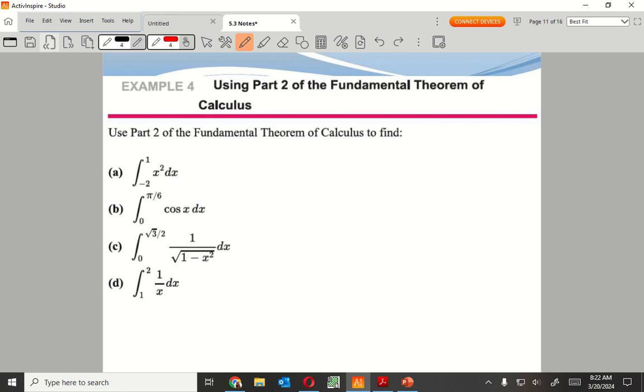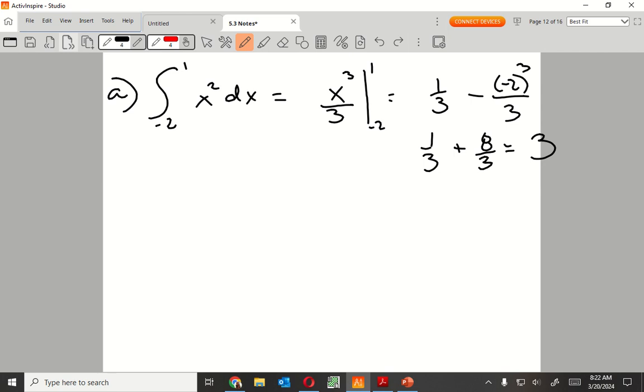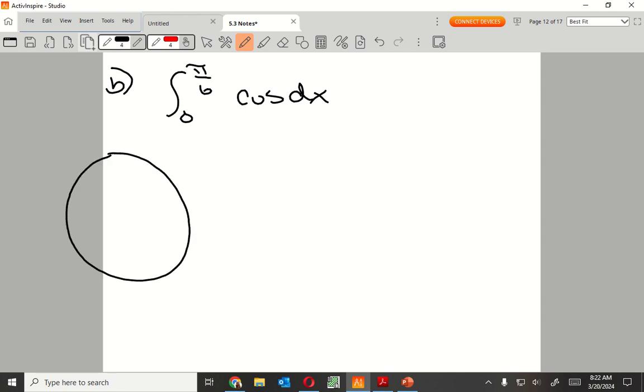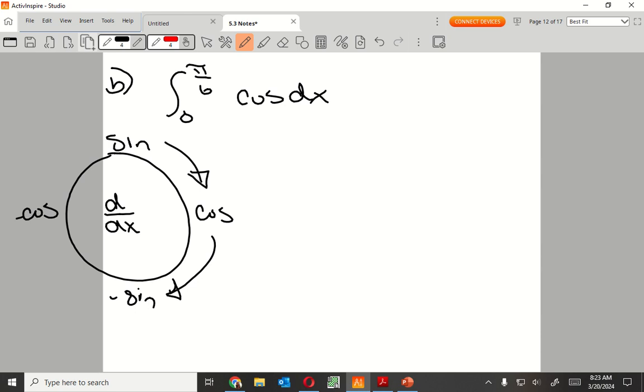B. So, from 0 to pi over 6, cosine dx. You guys remember this? Oh yeah, the circle. Yeah, the whole circle. Okay.